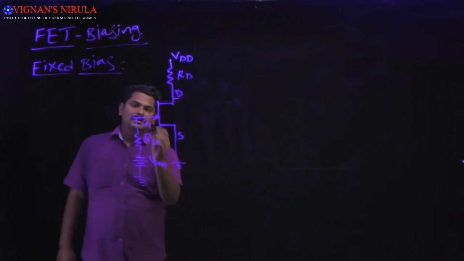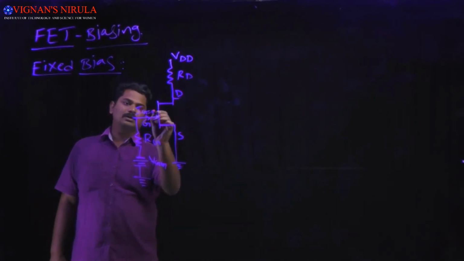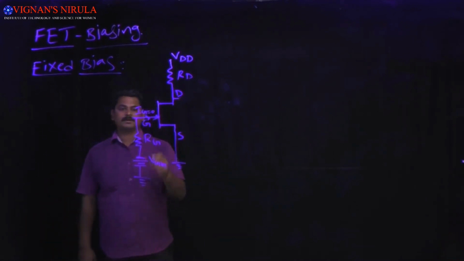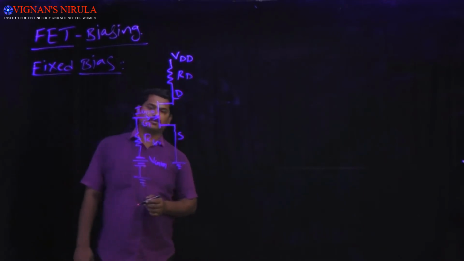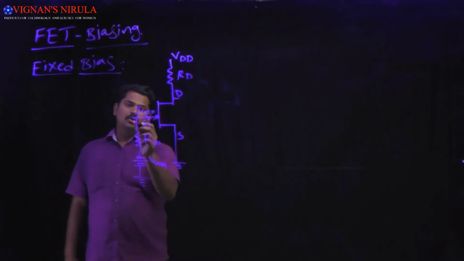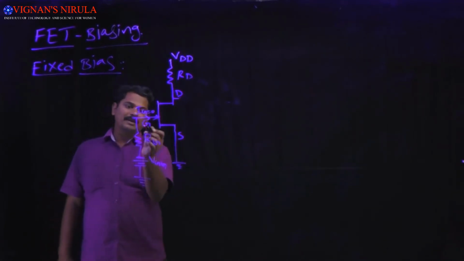And here the current through the gate, IG, is always 0. We know that, we have seen this point when dealing with field effect transistors: the gate current is always 0. So the voltage drop across this resistor is also 0.